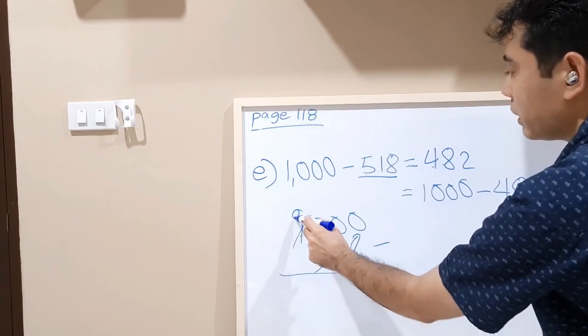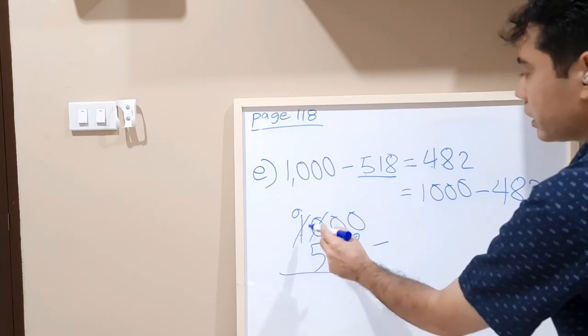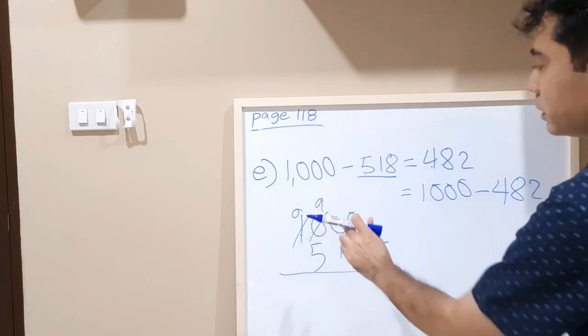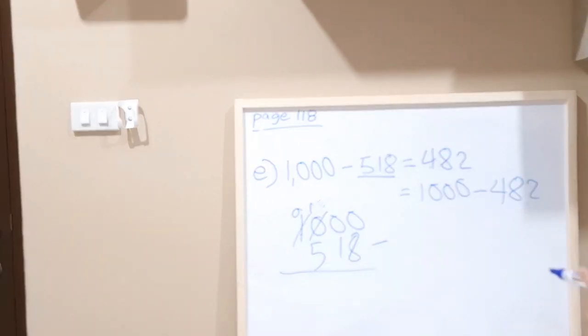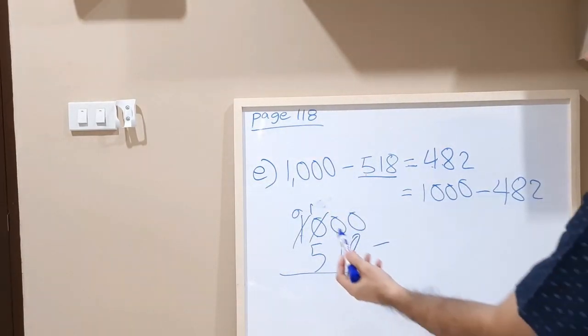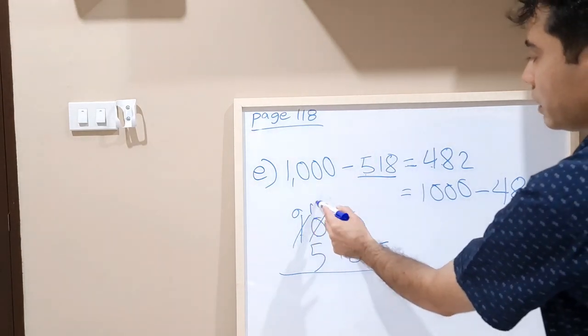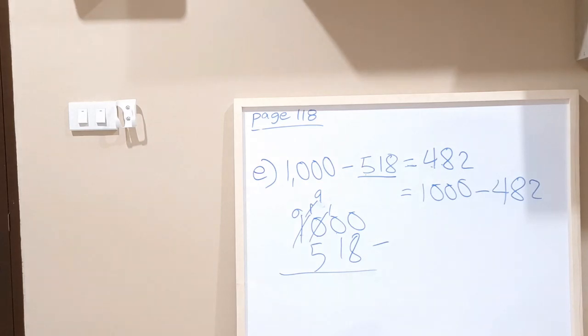The 1 will become 0. And the hundreds place will become, oops, not 9, 10. Now, the tens place can borrow from the hundreds place. So this will become 9. And the tens place will become 10.